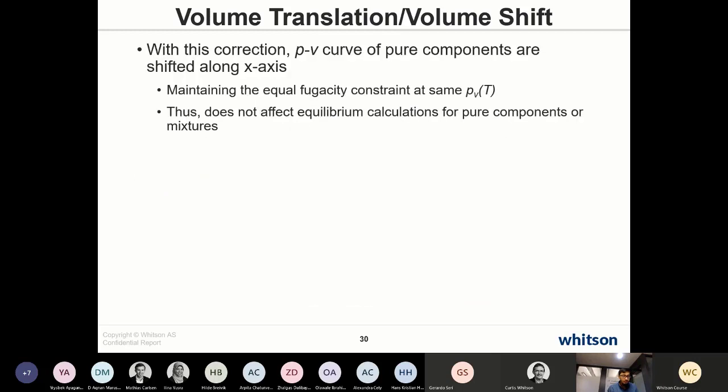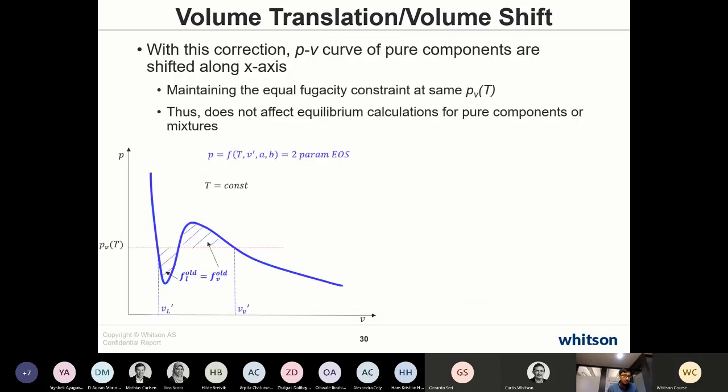Very good. So this is just a slide showing you why this correction that was proposed by Peneloux, the volume shift, doesn't affect the phase behavior calculation, the vapor-liquid equilibrium type calculation.